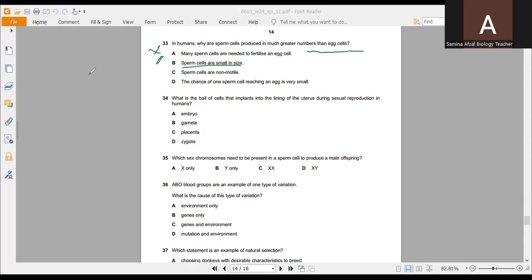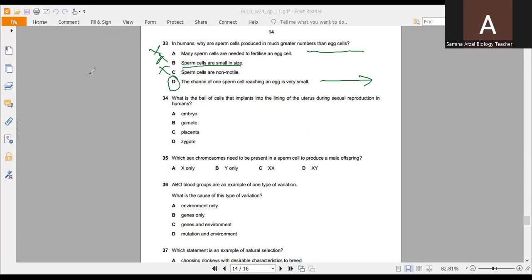Even though they are small, only one sperm will enter. And sperm cells are non-motile? They are motile. They have to reach the egg. So the chance of one sperm cell reaching an egg is very small. Yes, because many sperm cells struggle with one another to reach the egg cell. So only one will be able to enter into the egg cell. So D is the correct option.